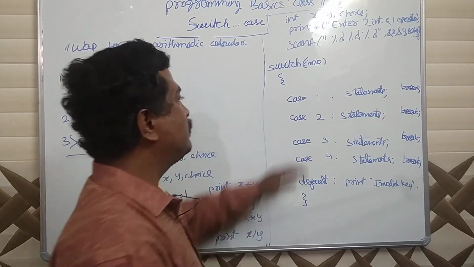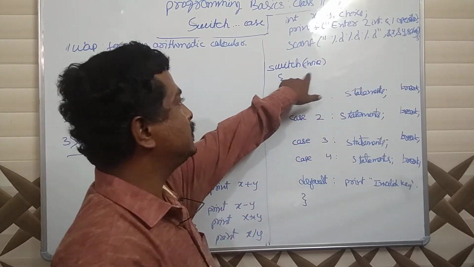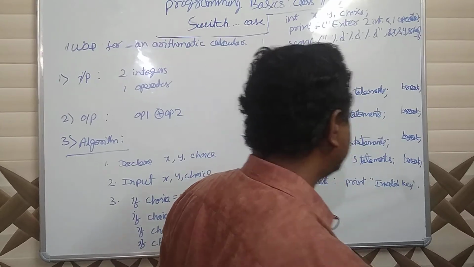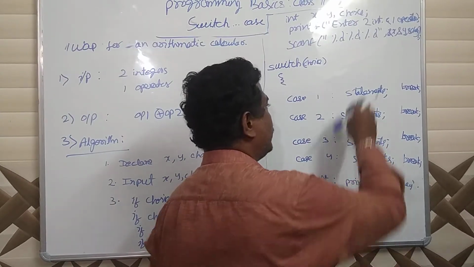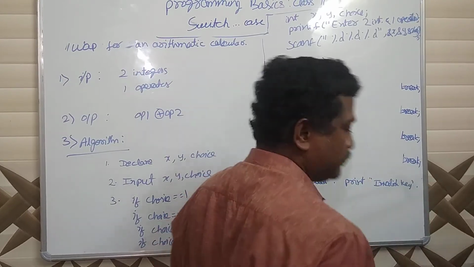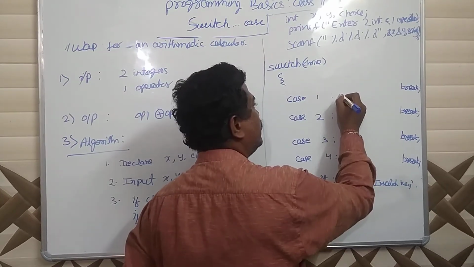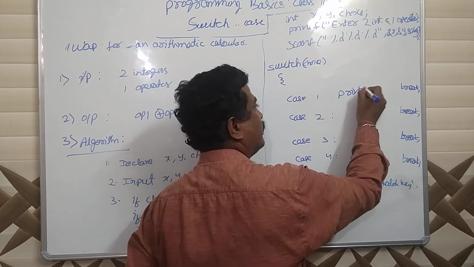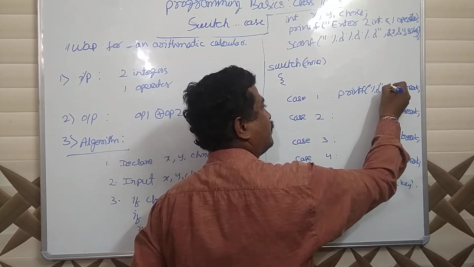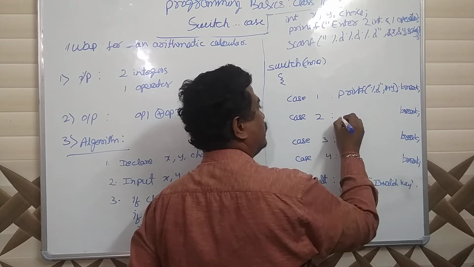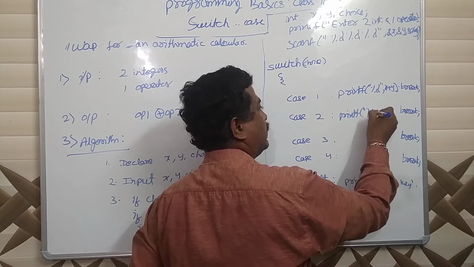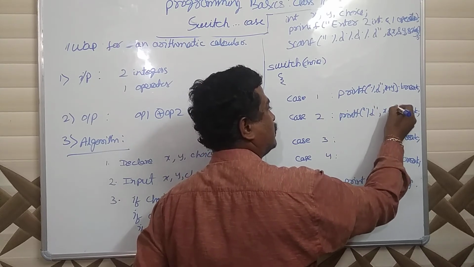Now what will happen? According to the value of choice, if you have entered 1, addition will be displayed. So in place of statements, what will I write? Let me write in C. If I am writing in C, then printf %d for x plus y. If your choice is 2, x minus y.